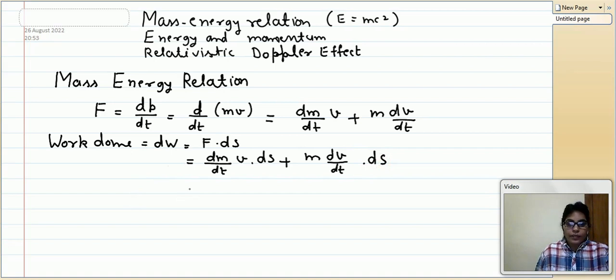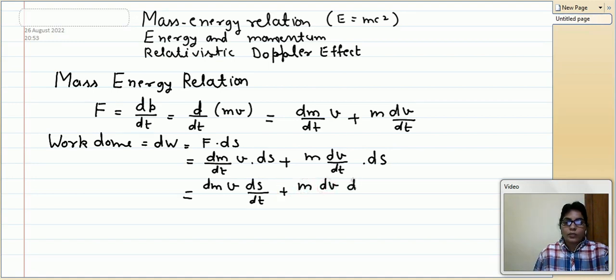Now we will write the same equation as dm v into ds by dt plus m dv into ds by dt. So ds by dt is the velocity v. So it will be dm into v square plus, again this is velocity, so this is mv into dv.